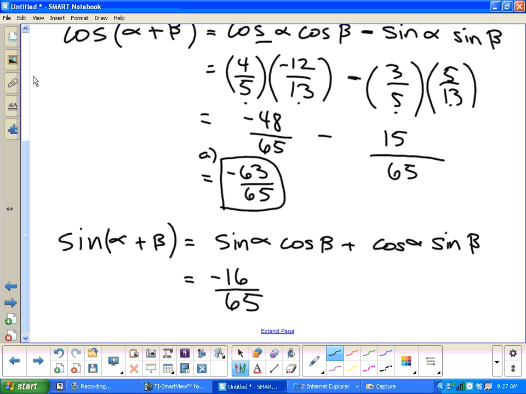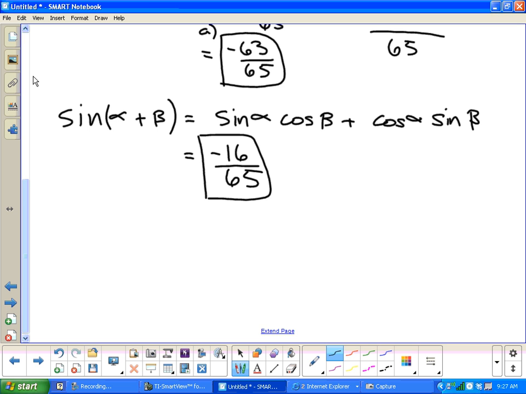Now, as long as you get sine and cosine right, you're probably not going to miss the tangent. Because on the tangent, we're going to take our shortcut, right? We're going to do the sine over the cosine. Watch how nice it'll work out. The sine was what? 16 over 65.